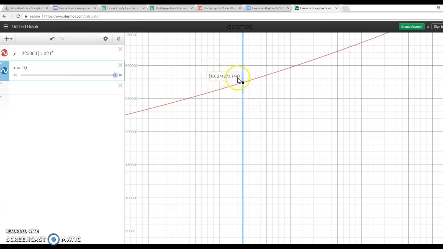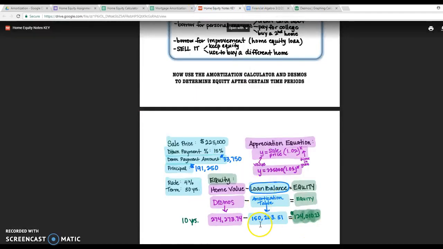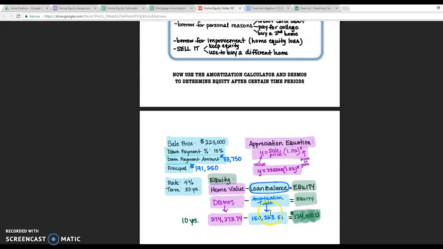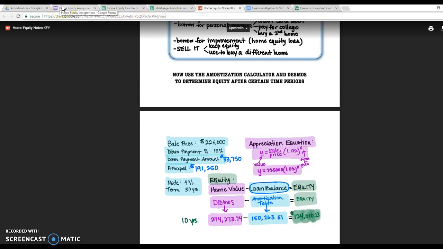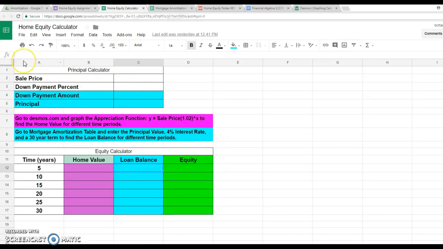And this is the value of the home at 10 years, $274,273.74, which I took back and wrote over here, along with the loan balance in 3/1/2028, which was 10 years. That gave us an equity of $124,010.23.